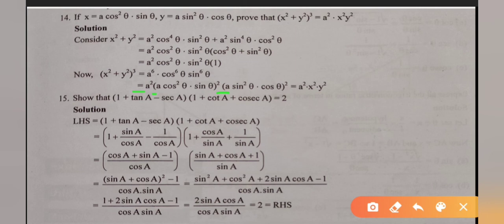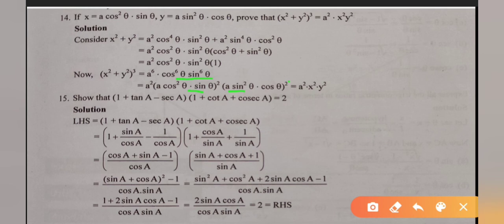Next, cos to the power of 6: 2 cos square theta, its power means cos to the power of 4 theta. Here cos theta, its square means cos square theta. These terms become cos to the power of 6 theta, right? Next, here sin theta, its square means sin square, that is 2. Here sin square theta, its whole square means 4. 2 and 4 is 6 again, therefore sin to the power of 6 theta is also there.